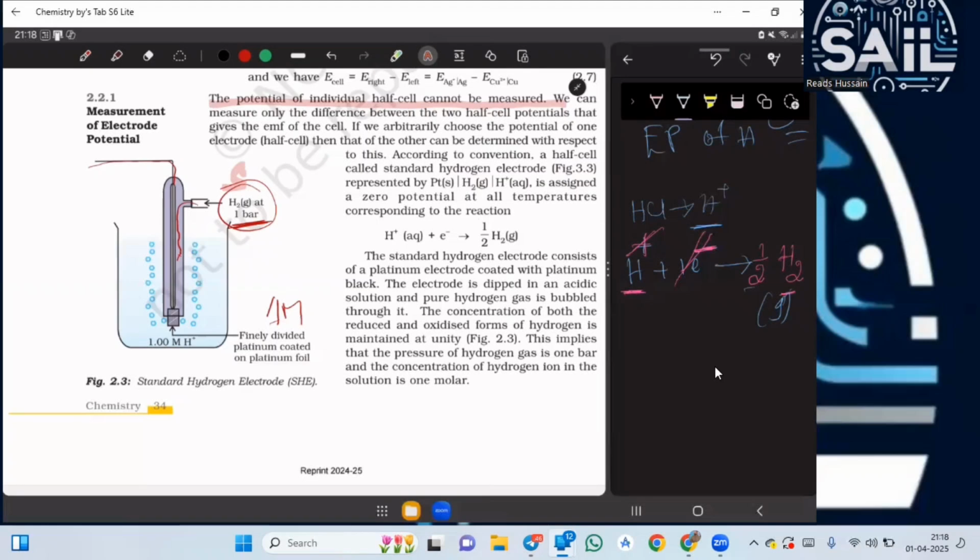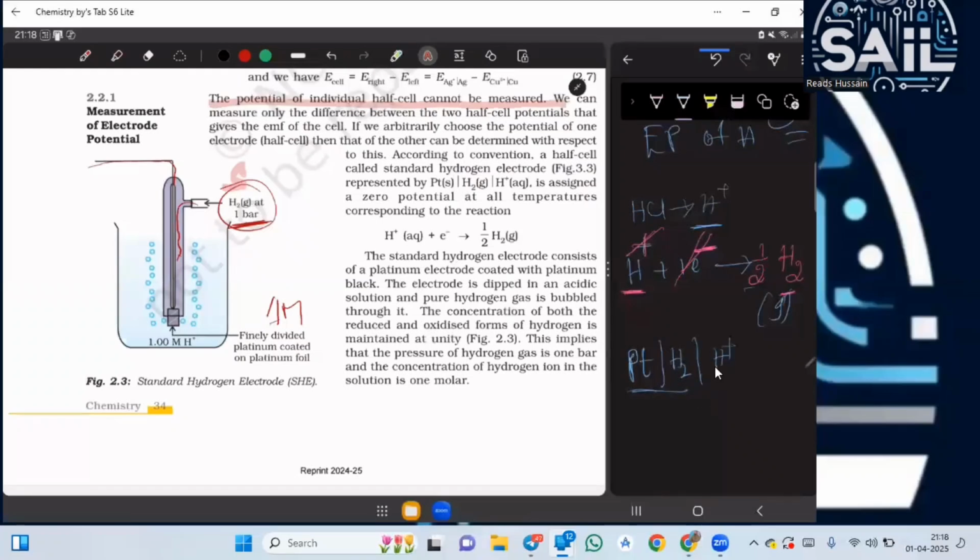Right, dear students. Here you see this representation. Platinum foil is there. Above the platinum foil, hydrogen gas is adsorbed. So bar hydrogen. This is the platinum electrode and hydrogen gas is adsorbed over it. And this hydrogen gas is in contact with H plus ions, the H plus ions of this HCl solution. So that is bar H plus.